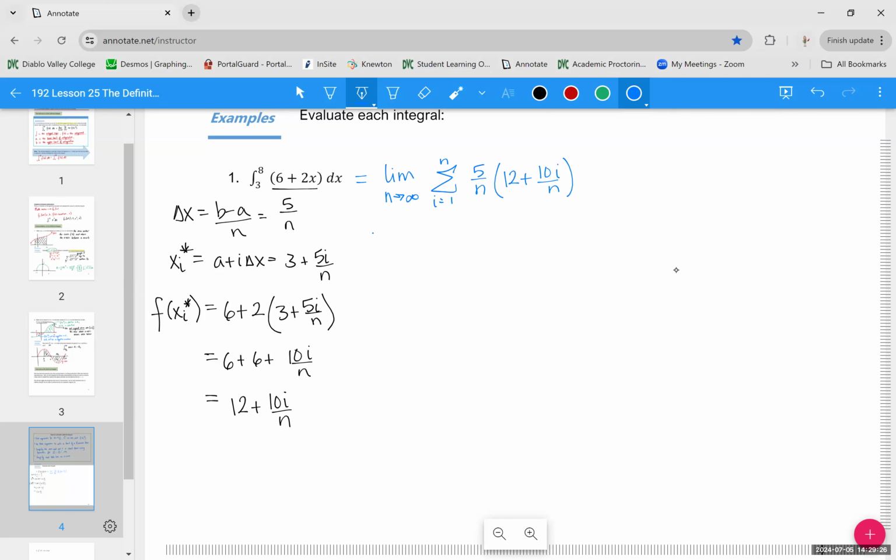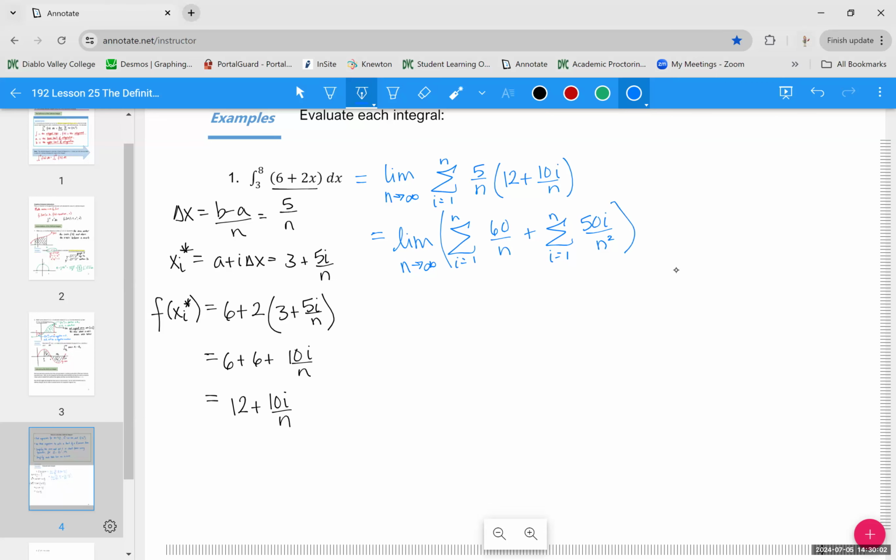Now we need to simplify this a little bit, which means we're going to distribute. That'll be 60 over n plus 50i over n squared. And in fact, in this step, why don't I go ahead and just break it into the sum like this.